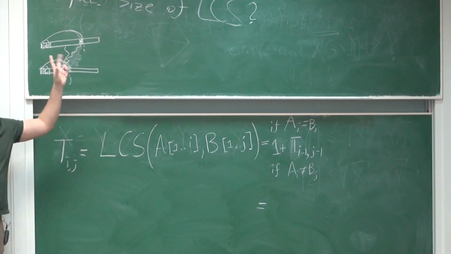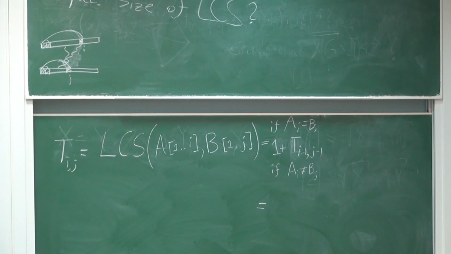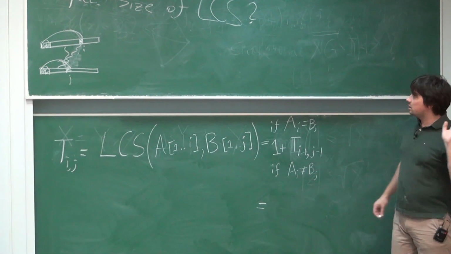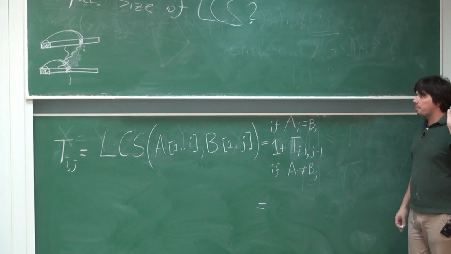And that is not consistent with the definition of common subsequence, right? So it's not what we're looking for. So we know that at least one of them is not used anywhere.